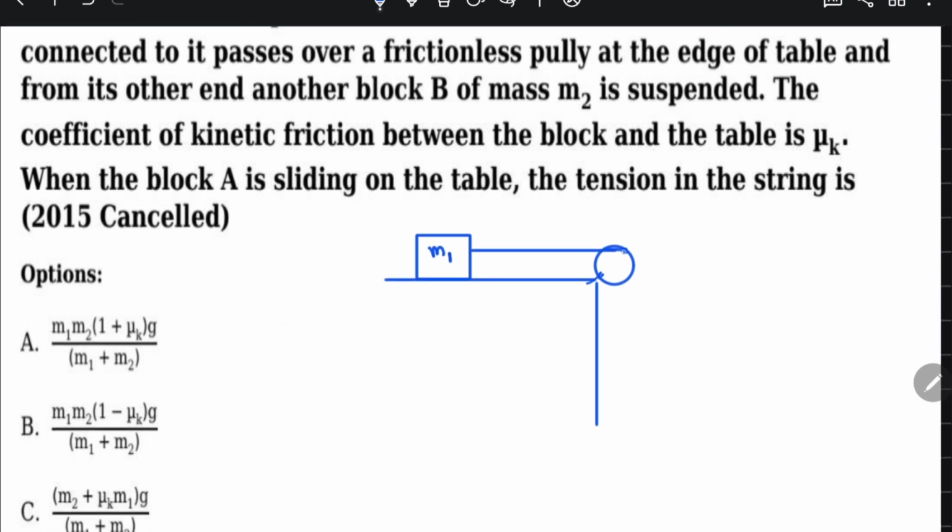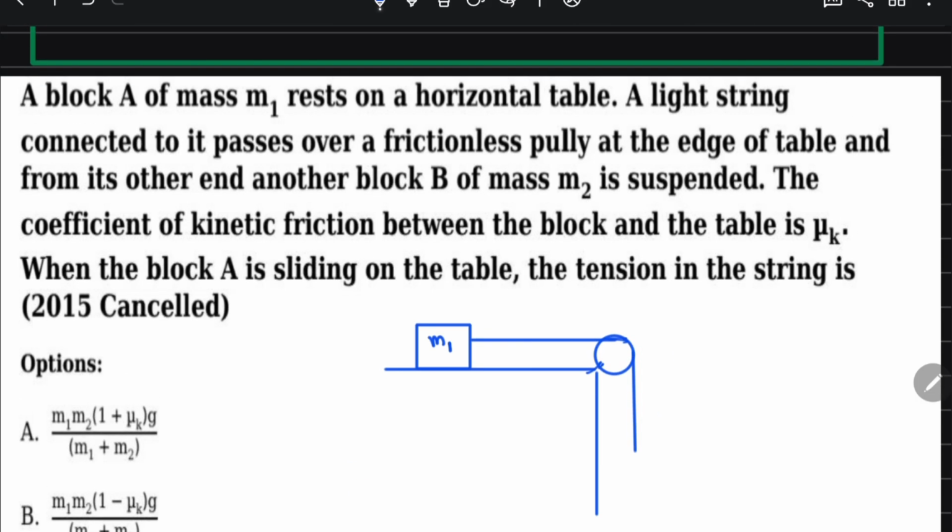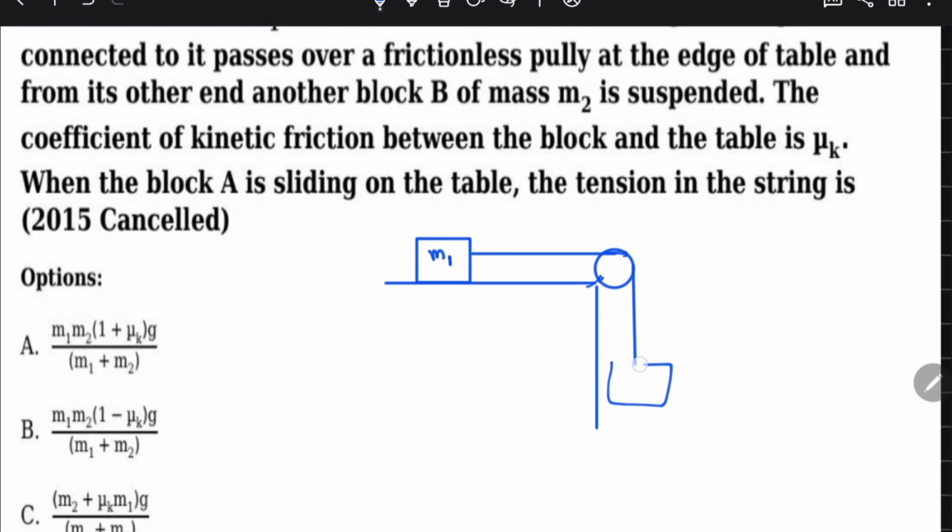A light string connected to it passes over a frictionless pulley at the edge of the table, and from its other end another block B of mass m2 is suspended.